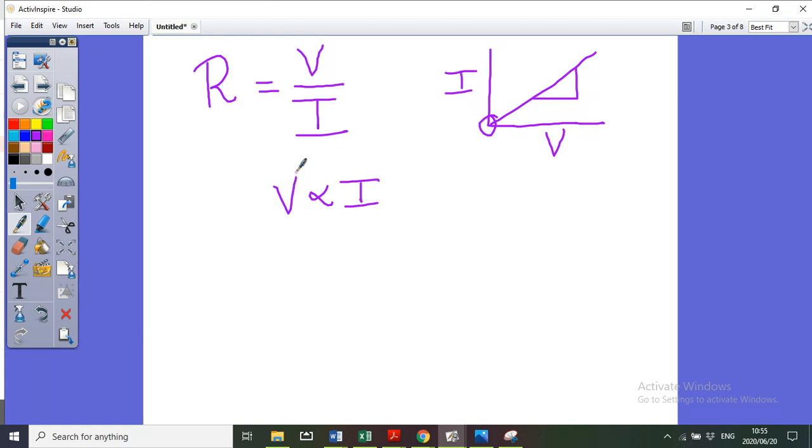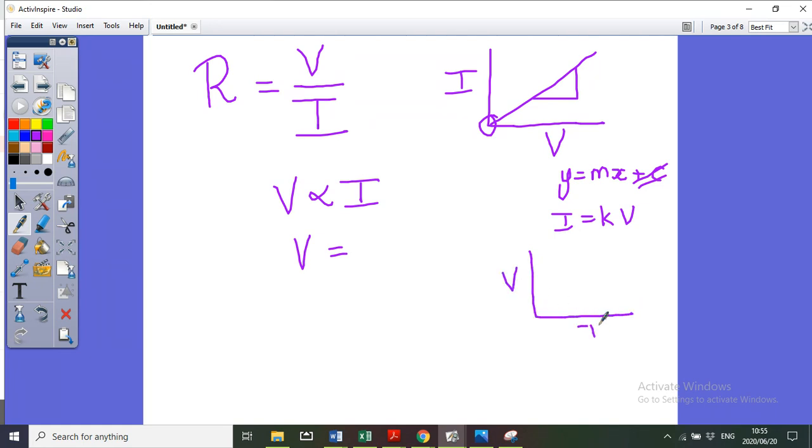So voltage in that same resistor is directly proportional to the current. And I can now add an equal sign, because remember, y equals mx plus c. There is no c. And I can now say on my y, I've got my current, and on my x, I've got a constant, and that's my voltage. But I could have done it the other way around as well.